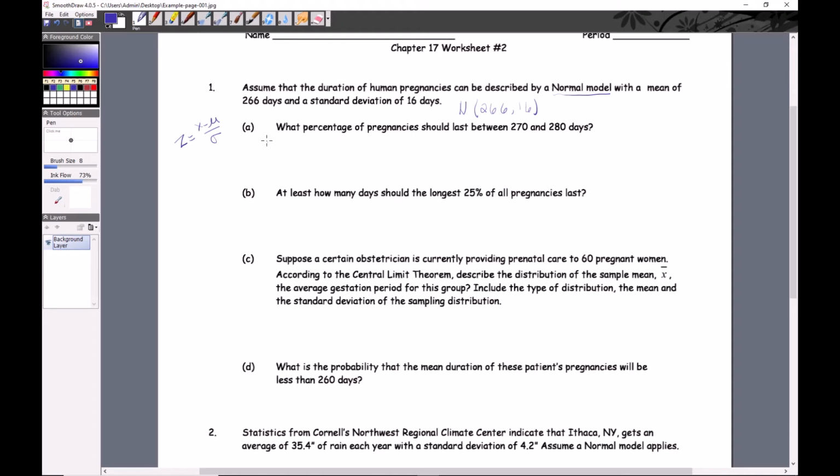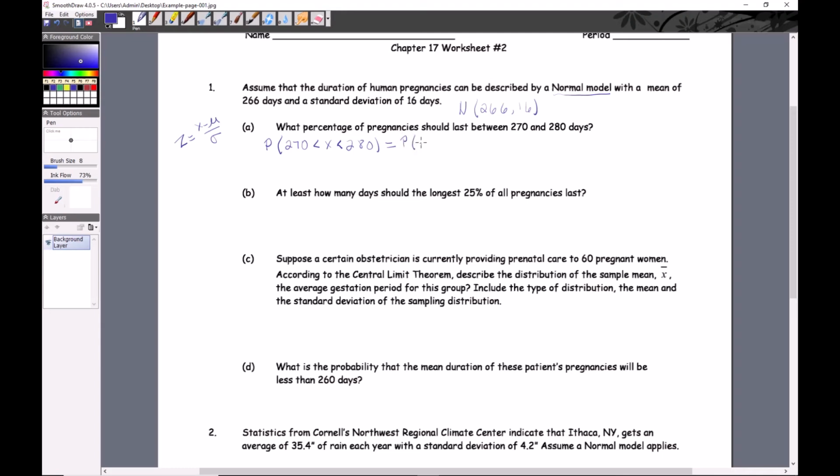So for this one, they want the probability that x is between 270 and 280. And keep in mind, I did x, not x bar. This is just for an individual.